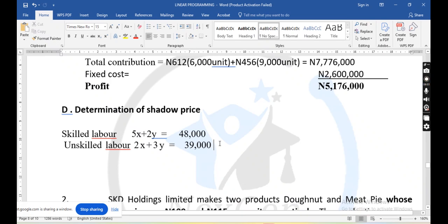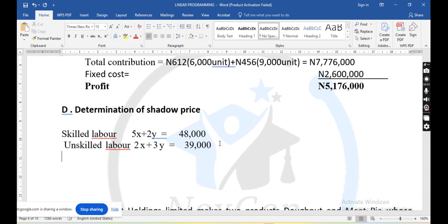So, we want to determine shadow price, class. If you want to determine the shadow price, this is the available hours, and you increase it by 1. The first one is the determination or calculation of shadow price for skilled labor.